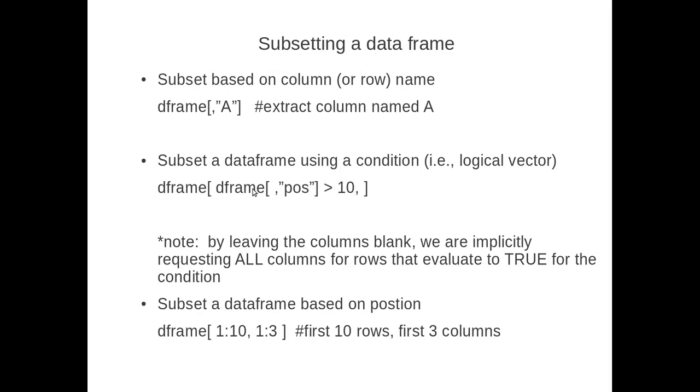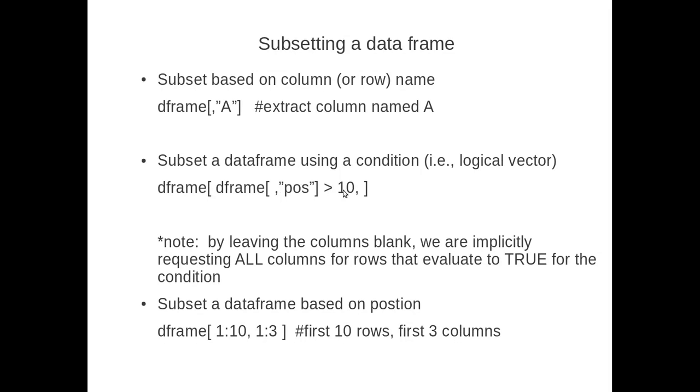So here we're going to get a set of values, trues and falses, as to whether the column position contains a value greater than 10 would evaluate to true, anything 10 or less would evaluate to false. So that gives us a logical vector.